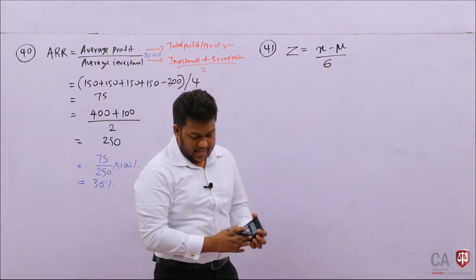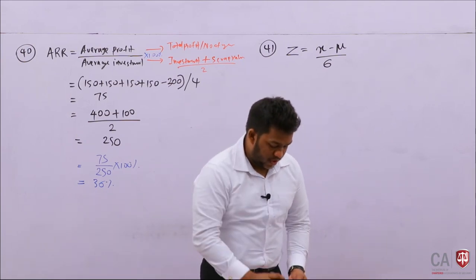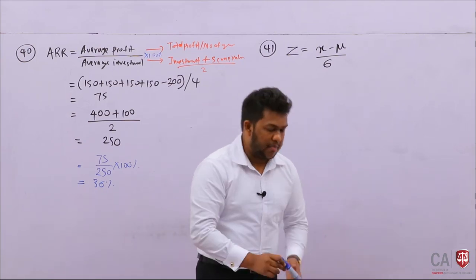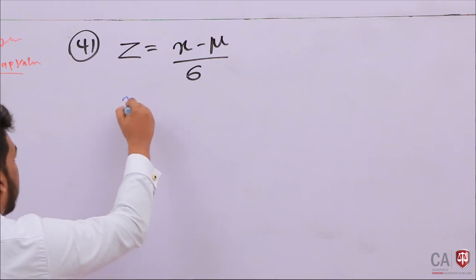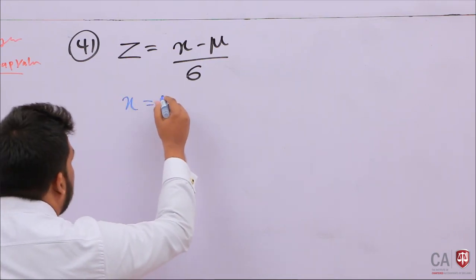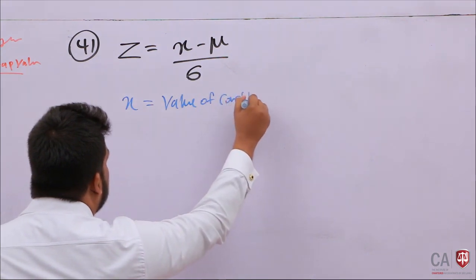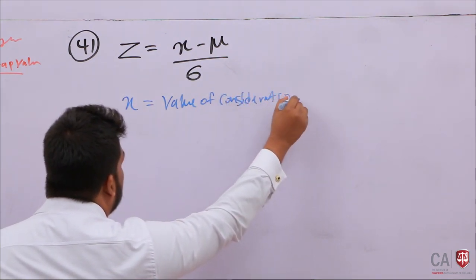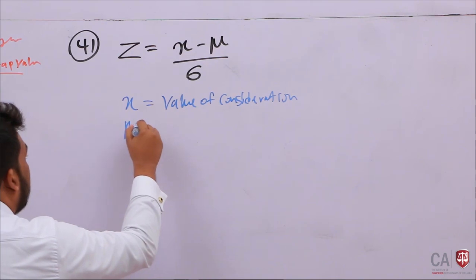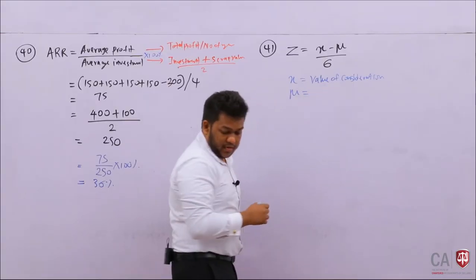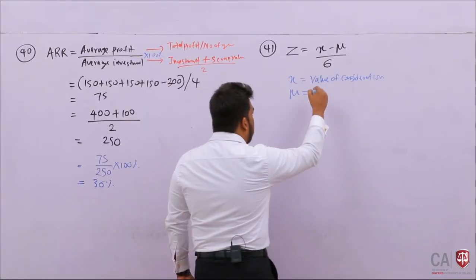This is the z-score formula. What this symbol says, x is the value of consideration. Then this is the mean.